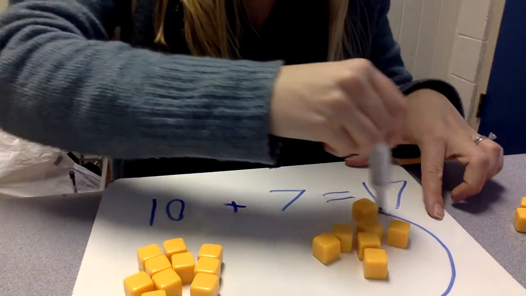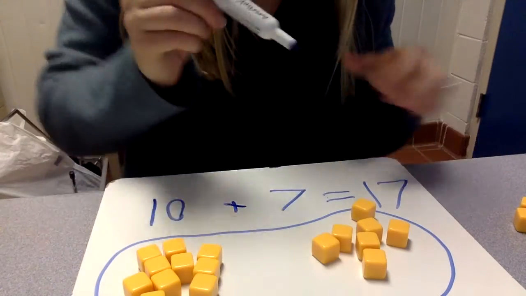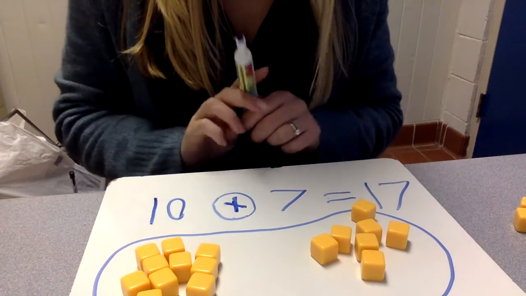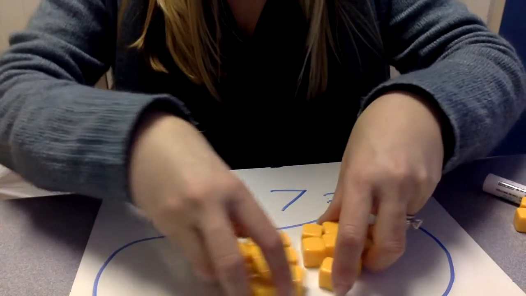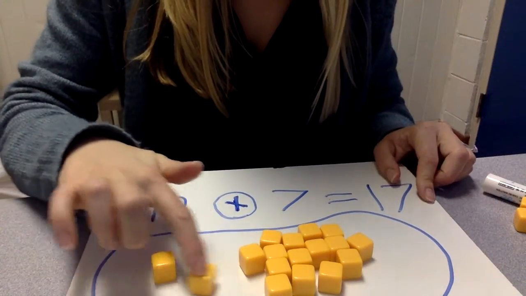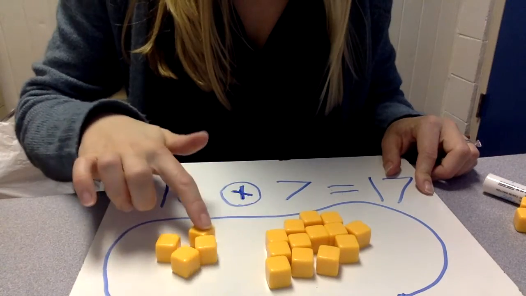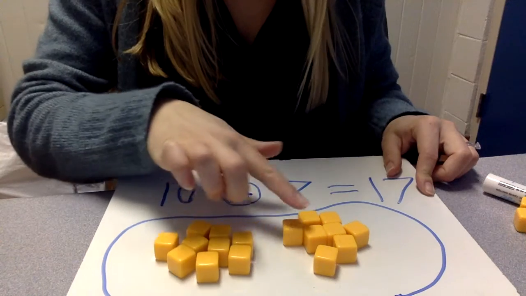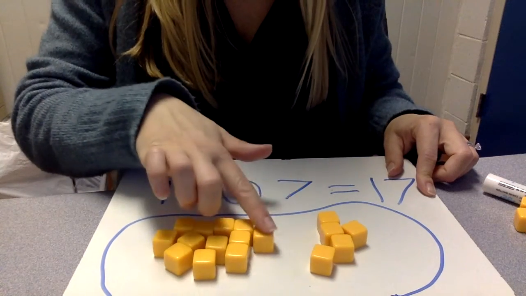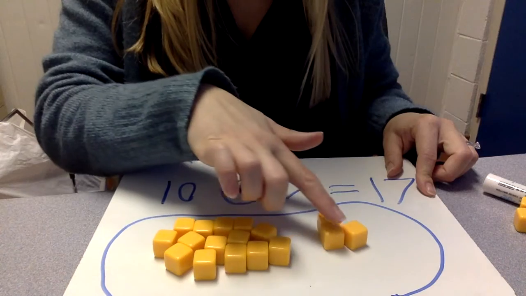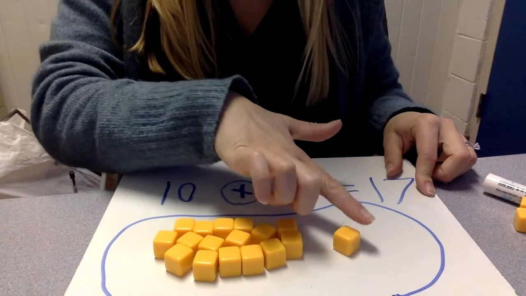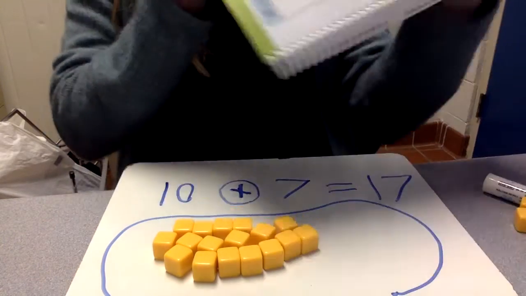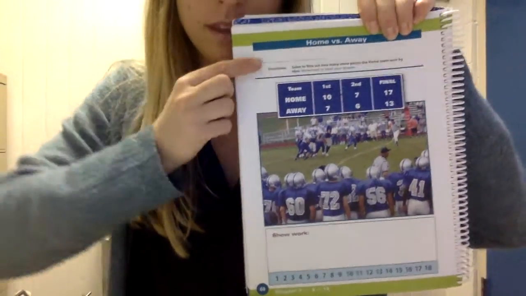Let's see if we have 17 all together, because this plus sign means all together. Count with me. 1, 2, 3, 4, 5, 6, 7, 8, 9, 10, 11, 12, 13, 14, 15, 16, 17. All right, so that is how we got this number in the book.